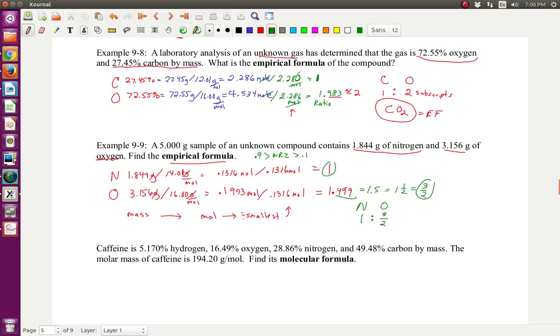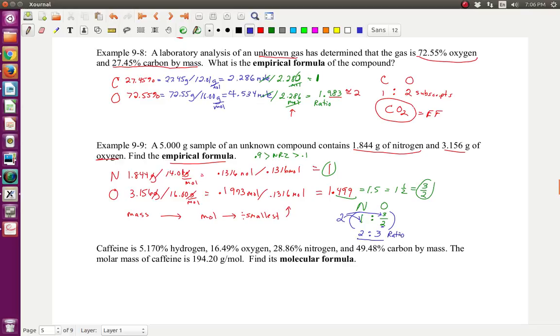We can't have 3 halves of oxygen, so in math we're going to get rid of the fraction. We do that by taking both of these ratio numbers and multiplying them by the denominator of 2. So 2 times 1 becomes 2, and 2 times 3 halves becomes 3, because the 2's cancel out. Now I have the whole number ratio.